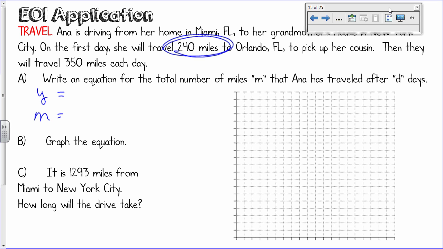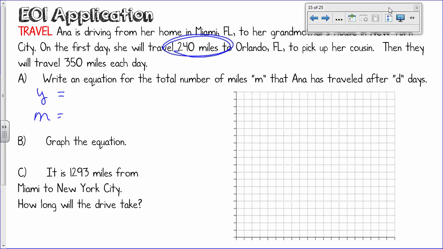Now it says graph. You can graph that if you want, that's up to you. It is 1,293 miles from Miami to New York City. How long did the drive take? Where's the 1,293 go? Think about it. It goes for M, right? So 1,293, because I want to find what? How many days, right?